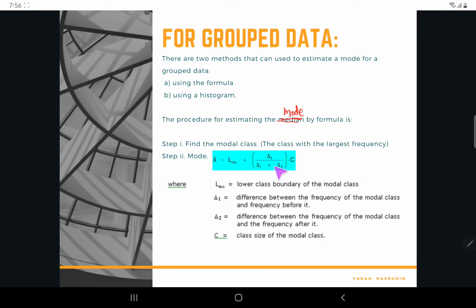And then difference 2 means the difference between the frequency of the mode class and the frequency after it, so you need to subtract the frequency after the mode class. And finally the C. C is the class size of the mode class.